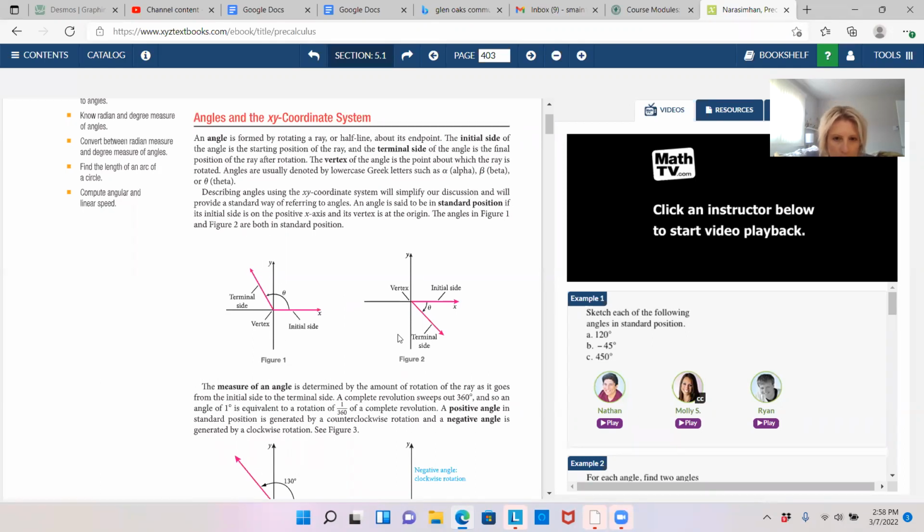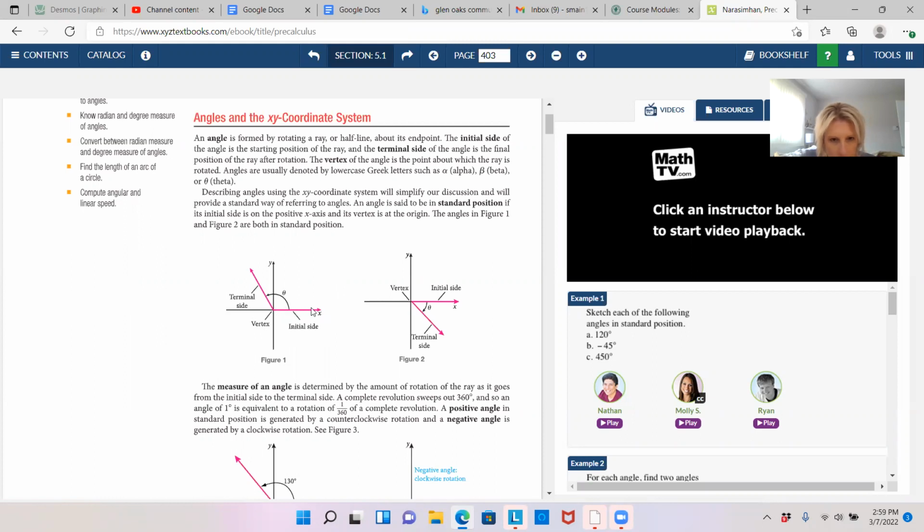So let's look at figures 1 and 2. We can see that in our coordinate system here with our 4 quadrants, our vertex is our 0, 0 point. Our initial side is always going to be the positive x-axis.